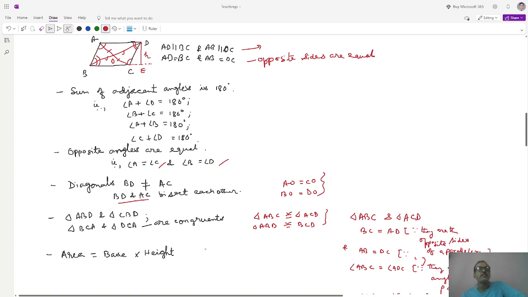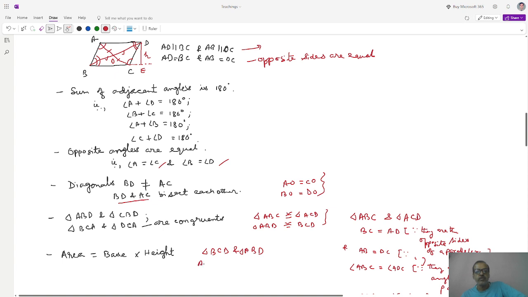Let us take the diagonal BD. Then diagonal BD divides this parallelogram ABCD into two triangles, triangle BCD and triangle ABD.